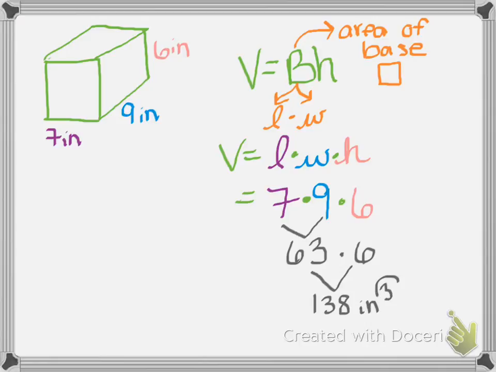When we're talking about volume, we will always have cubed for the label because there's 3 dimensions involved in finding out the volume of an object. So for this box or crate, there would be 378 cubic inches or inches cubed. That would be the volume or the amount of space that is inside the box.